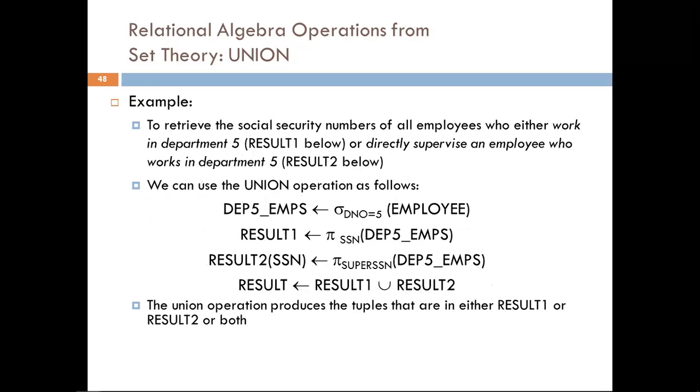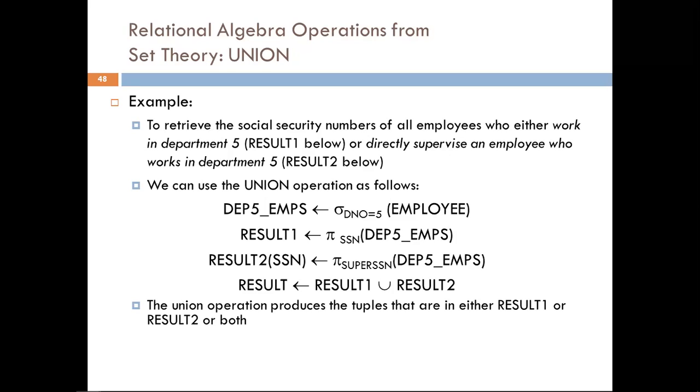Consider this example. To retrieve the social security numbers of all employees who either work in department 5 or directly supervise an employee who works in department number 5. There are two parts in this particular question.